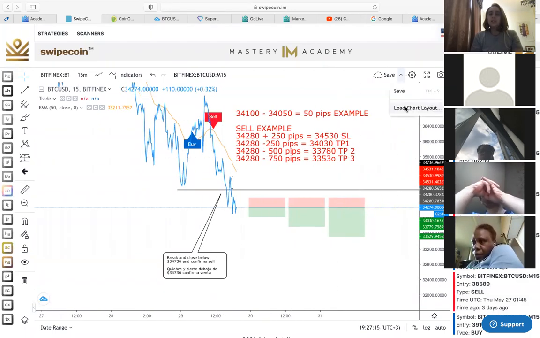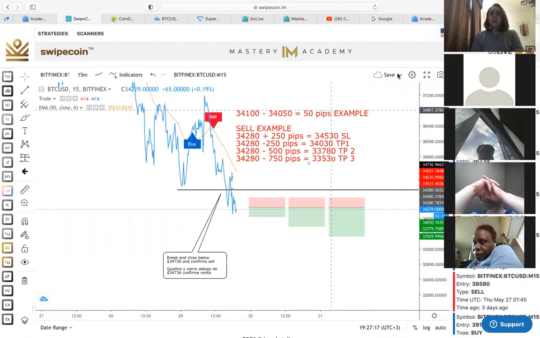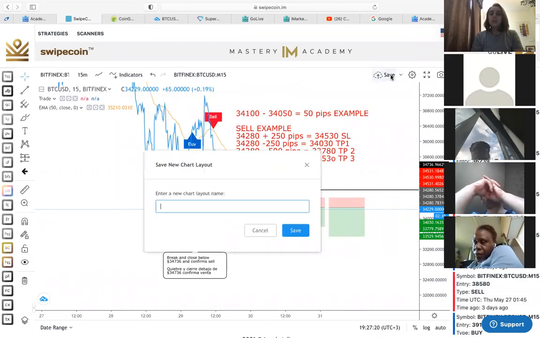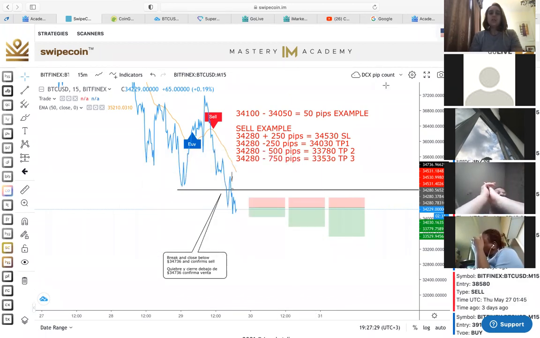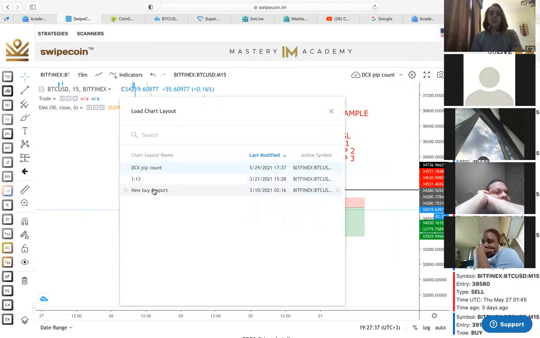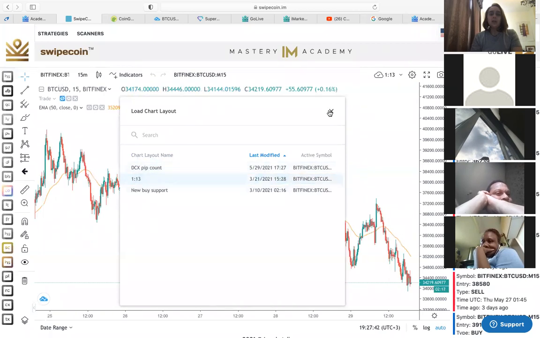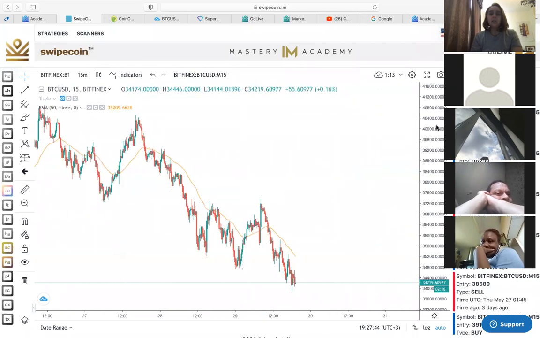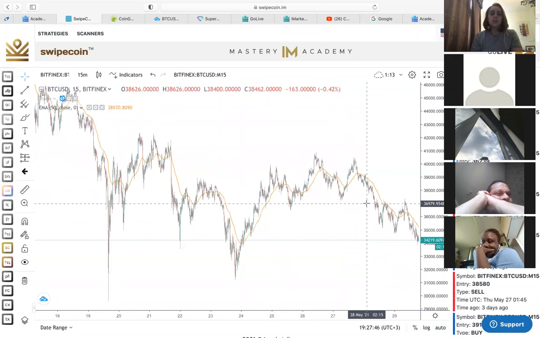Actually, I can save it on here, can't I? DCX pip count. So you can also save stuff on your chart layouts as well. If I go to load chart layout, I think this was one of my trades. Is it still here?